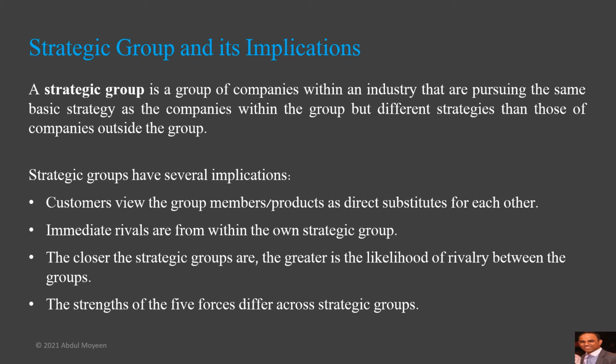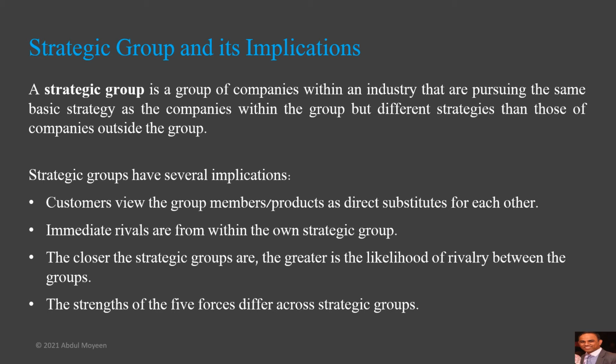Since not every firm is a competitor of one firm, or in other words, a company competes only with a few other companies operating within the same industry that have the same kind of strategies. They do not compete with other firms within the same industry who have different kinds of strategies.